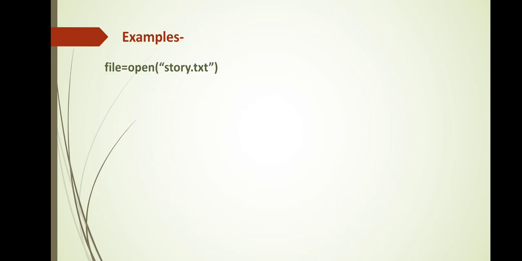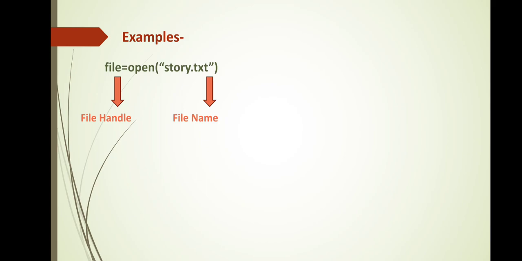These are some examples we are going to consider. The first example is file is equal to open story.txt. Here the word file is the name of the variable known as file handle. And in the open function, we have specified only one argument, and that argument is the name of the file.